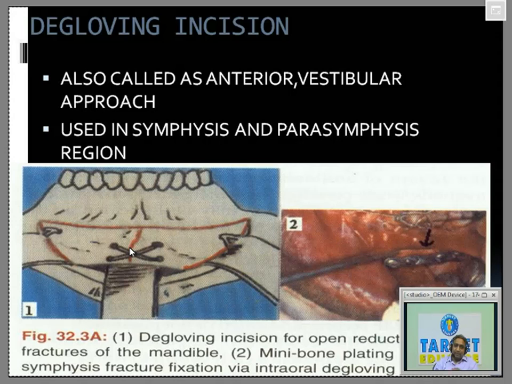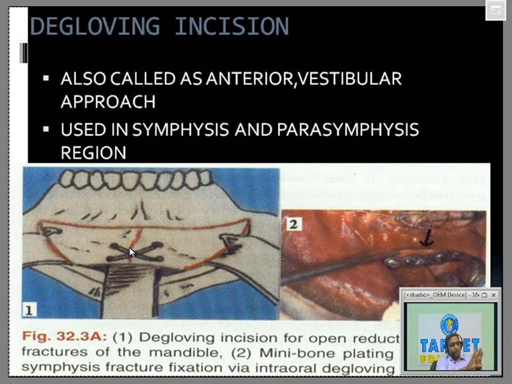The plates are too bulky, and these plates have to be put on the inferior border of the mandible. If you put the plates on the inferior border, that means you need to take an extraoral approach. So again, an extraoral scar. So bulky plates, extraoral approach, and a lot of force was generated in the compression plating system.